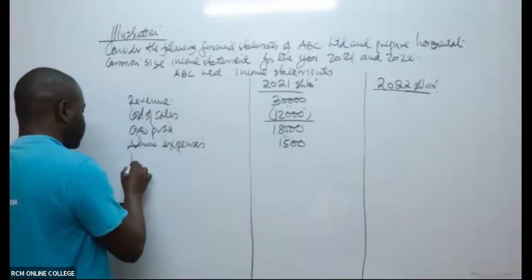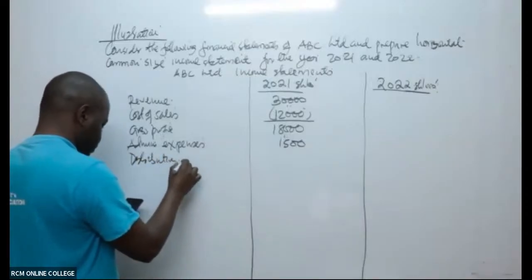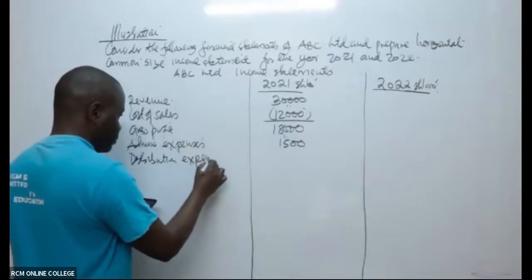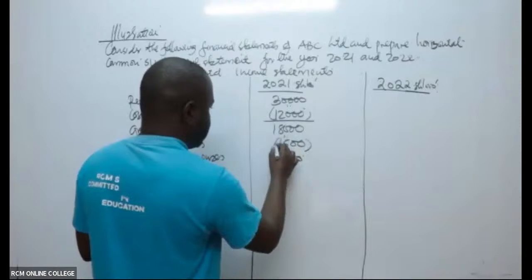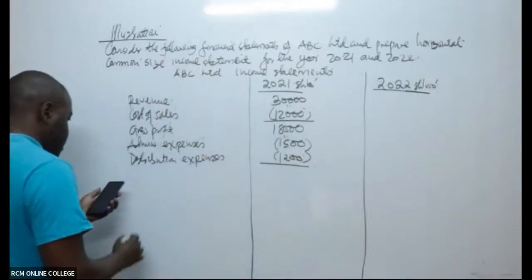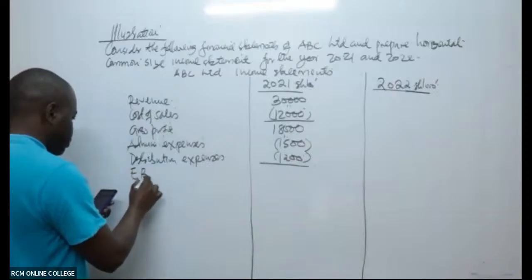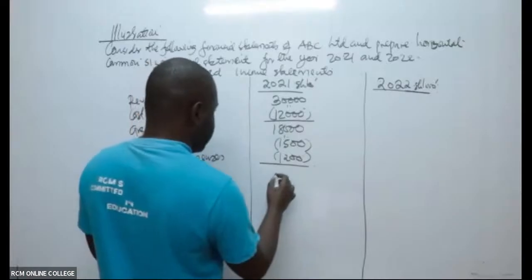Then distribution expenses of $1.2 million. So if you subtract, it will give you earnings before interest and tax of 15.